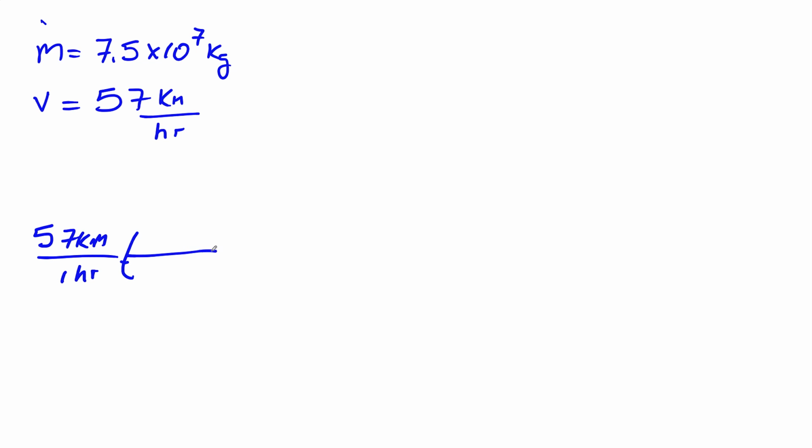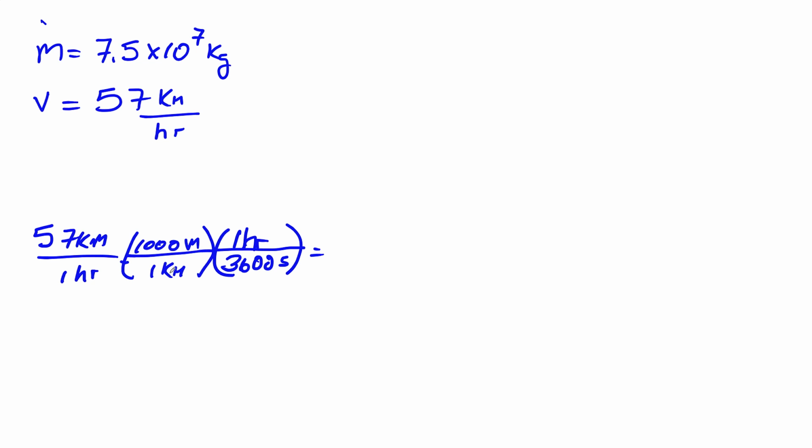I'm going to multiply that by 1,000 meters and 1 kilometer. Now you guys should know this. We're doing these conversions all over the place. And then 1 hour is equal to 3,600 seconds. Now we're going to get meters per second.